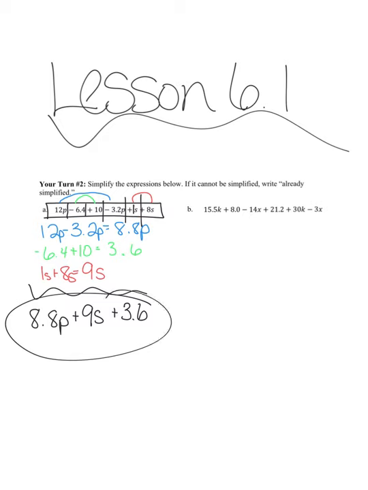And now let's do the same thing with expression B, starting with boxing in my terms. So the first thing that I can combine is my 15.5k with 30k for 45k, excuse me, 45.5k.